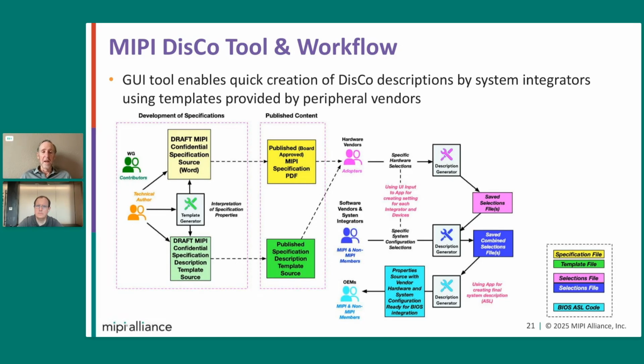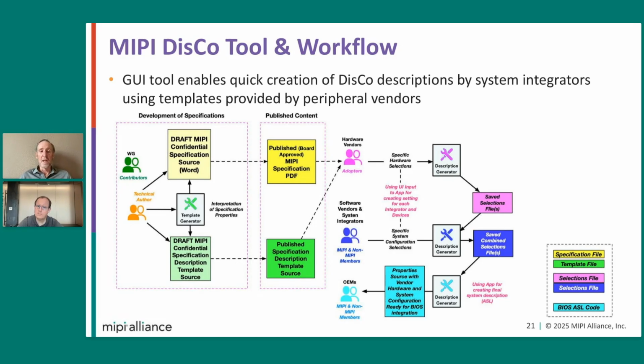We have what we call a DisCo tool. The tool takes a template. The template is going to be provided like the specifications. So SDCA will have a template that is the full set of all of the different DisCo properties that are necessary to implement the spec.